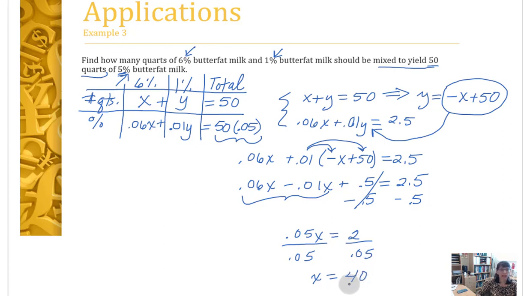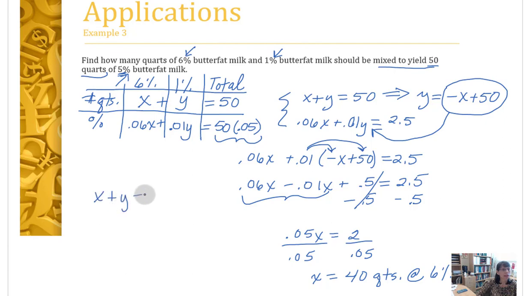Now going back to the table, we can figure out what x represents. X is the number of quarts at the 6% solution. So it's 40 quarts at 6%. We still need to find the value of y. So we'll go back to our first equation.